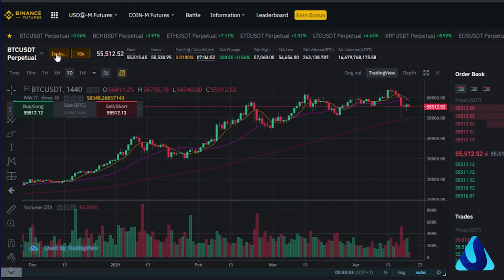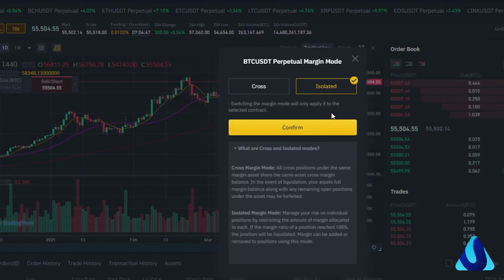Now let's move on to the margin area. This gives you two options depending on which mode you want to trade in: cross margin and isolated margin. Cross margin allows you to trade with your full balance that you have in your account, whereas isolated margin allows you to trade with a particular amount that you set when you place your trade. Let's say I'm on cross margin and I place a trade and I've got $100 in my wallet.